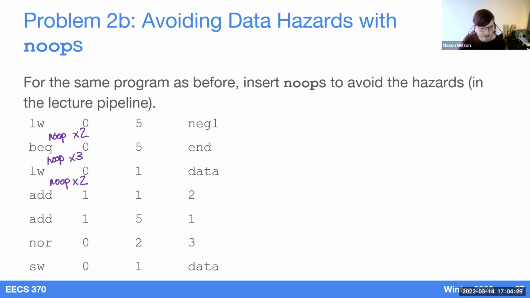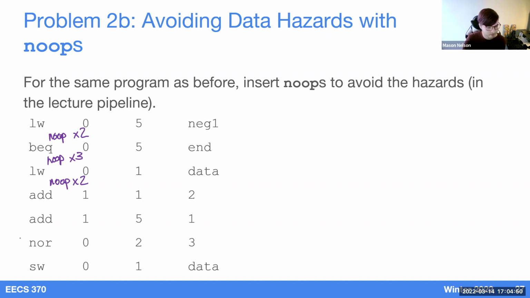And the cool thing is that this fixes the other data hazard from the second add. We said that the second add was also dependent on the LW, but now it's been spaced out even more. So if we take this add and we look back at the last 2 instructions, we see an add and a no-op, not an add and an LW anymore. So we've eliminated that data hazard also.